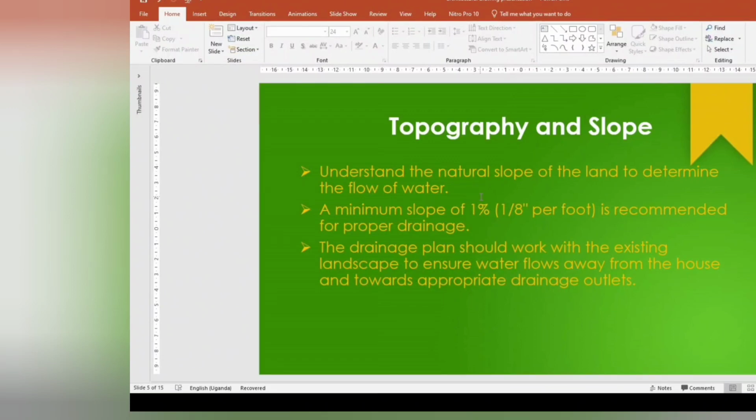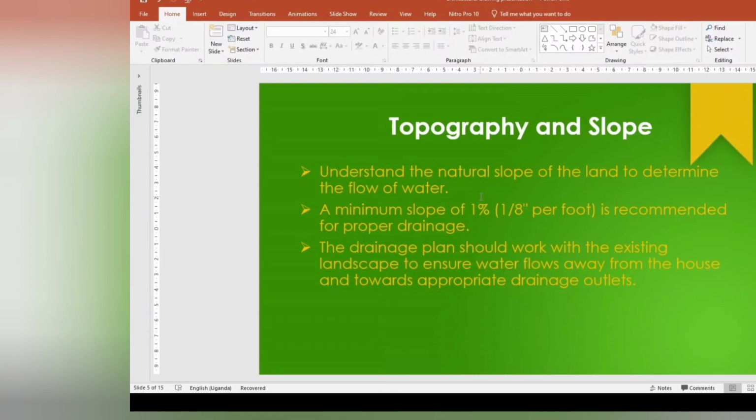How can this be achieved? Of course, this one can only be achieved after doing a site visit. So meaning one should make a site visit before you start or before you produce a drawing for a client.